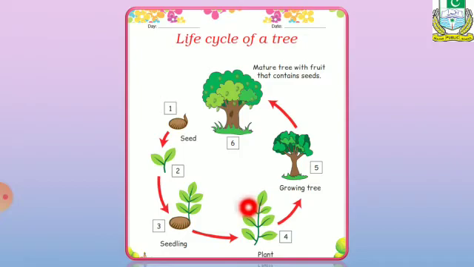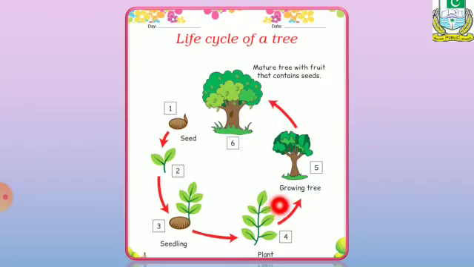Here we are on step number 4. And what do we see on step number 4? A plant. It is a baby plant. And finally, a baby plant has come out of the seed. And we call it baby plant. And that is step 4 of the life cycle of a tree.